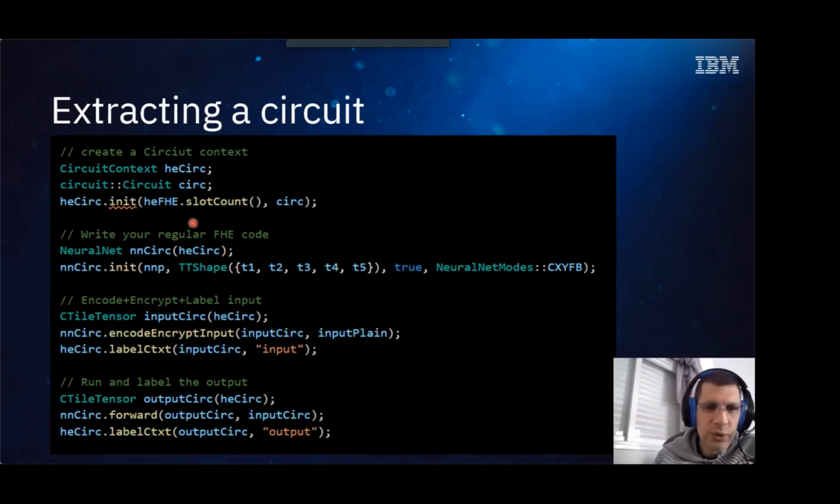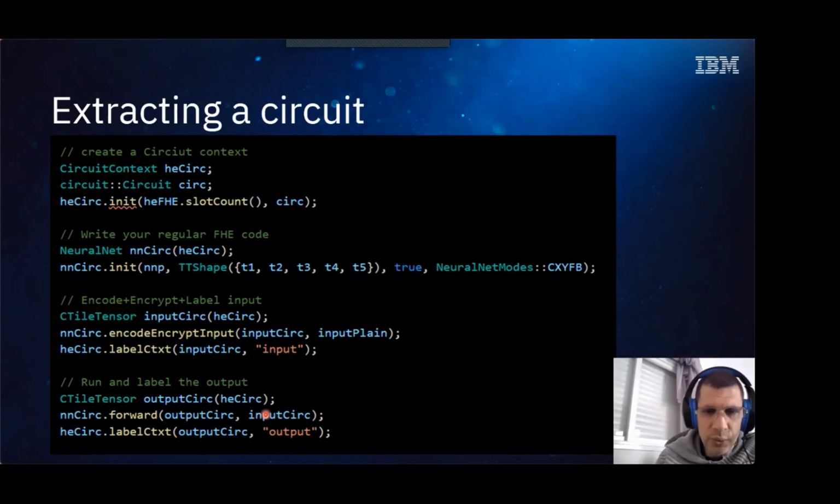Then we do some neural network initialization. We initialize the neural network. Then we have some code that takes the input to the neural network and encrypts it. And then we run the forward pass of the network on the given input, and the output is some ciphertext which we then get from the network.